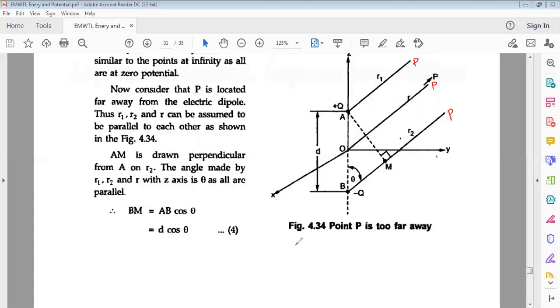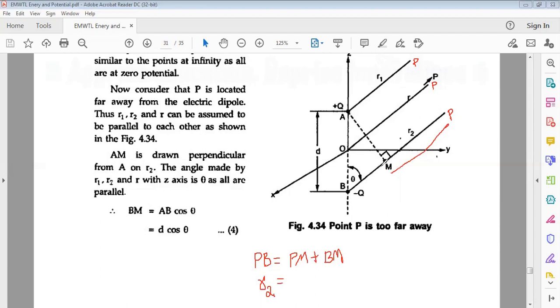First of all, I am writing PB is equal to PM plus BM. What is the PB distance from point B to point P? It is R2.